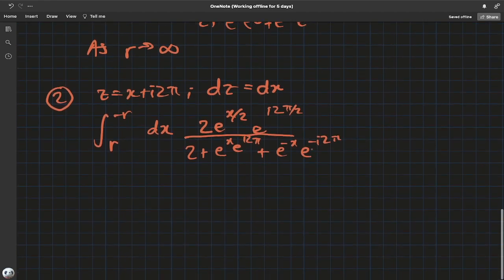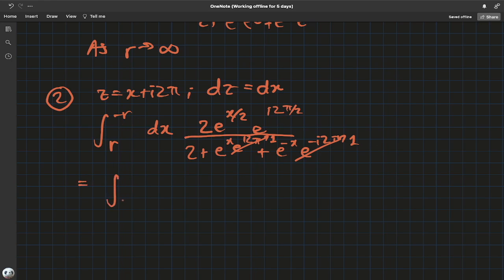Notice e raised to i 2 pi, or any even multiple of pi, will be 1. This is 1, same thing with this, this is 1. Well, e raised to i pi is negative 1, and that negative will flip the bounds in the correct direction.